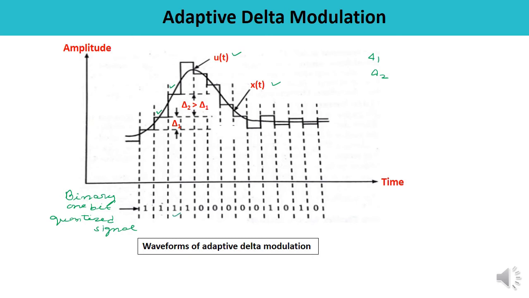At the same time you can observe from this particular point to this particular point there is a decrease in the step size. Step size is being decreased by 1 and 0 is being transmitted. So depending upon the output of the 1-bit quantizer, the step size may be increased and decreased as per the requirement of the input signal. That is why this is known as adaptive delta modulation.